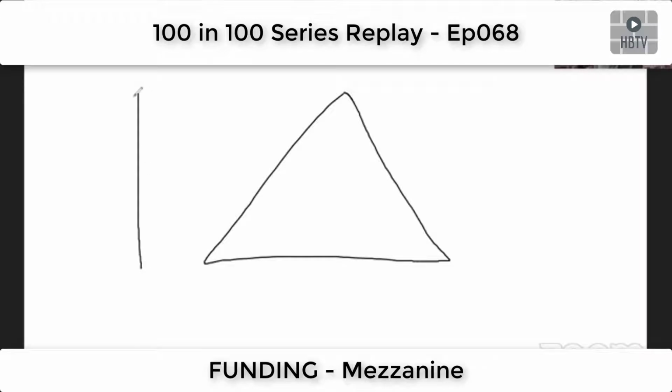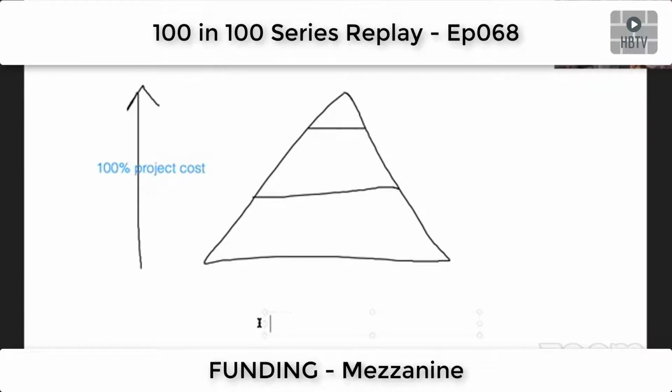As we said before, this is 100% of project cost across there. We've got our debt here, and we've got a bit of equity at the top.